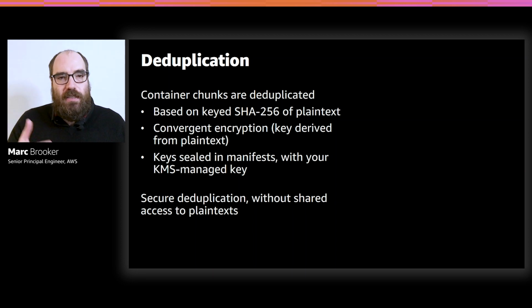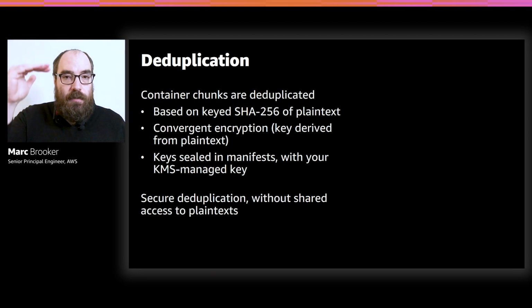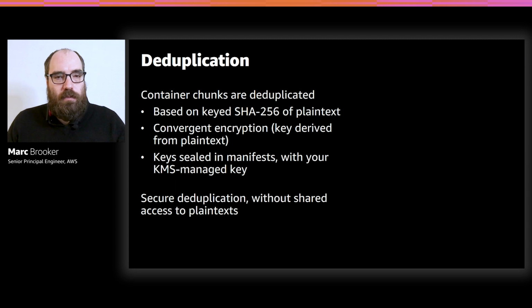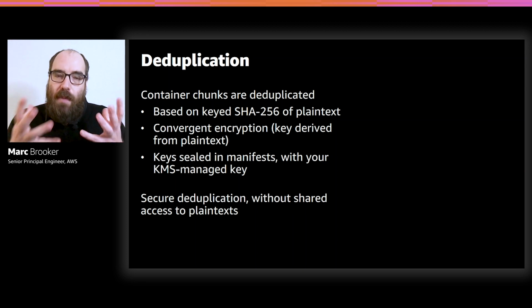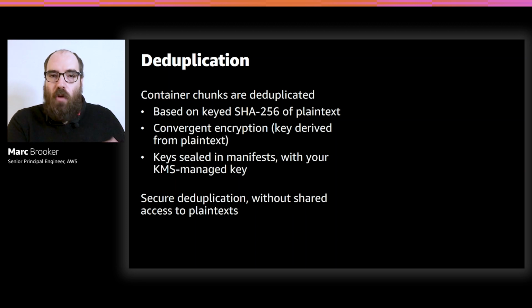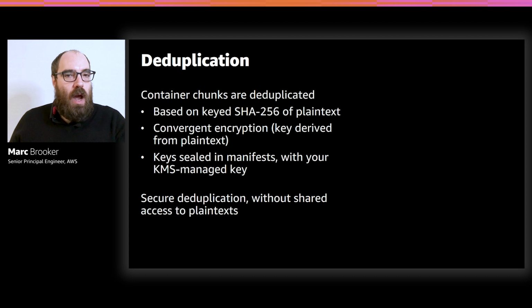And by manifest, I simply mean a list of chunks, where they're laid out on disk, and what their unique keys are. We then take that manifest and we seal that manifest. We encrypt it with a modern authenticated encryption cipher using your KMS managed key. And so you have all of these data chunks, each one with its own unique key, and then this manifest sealed with your encryption key, which contains the keys of all of those data chunks.